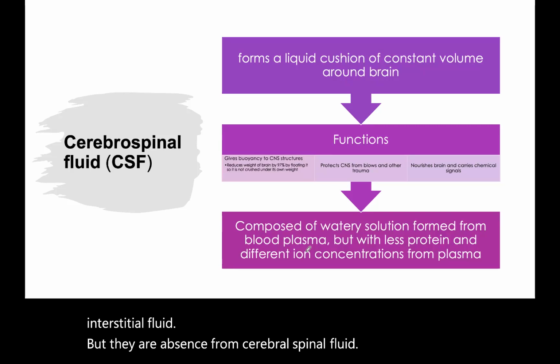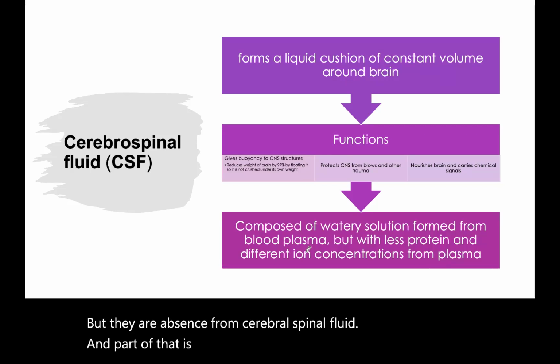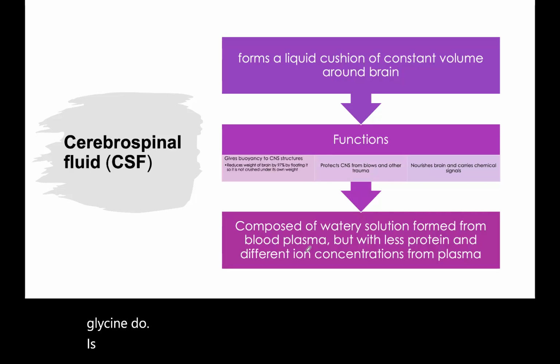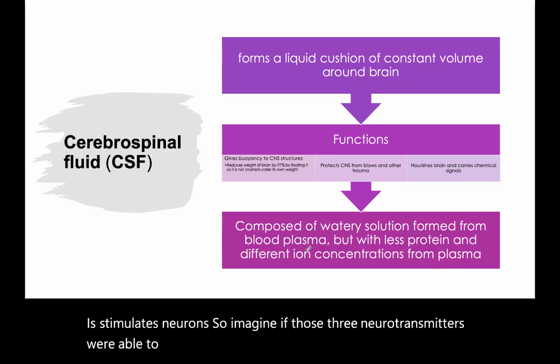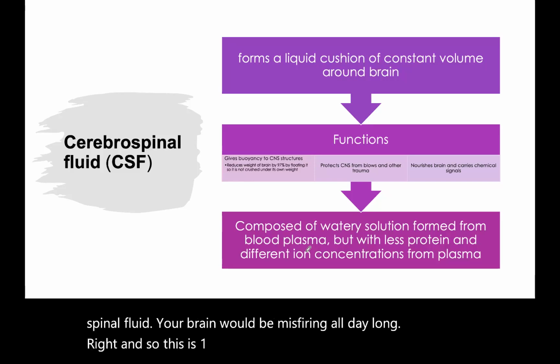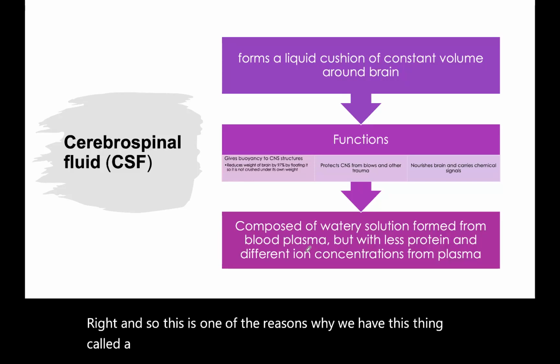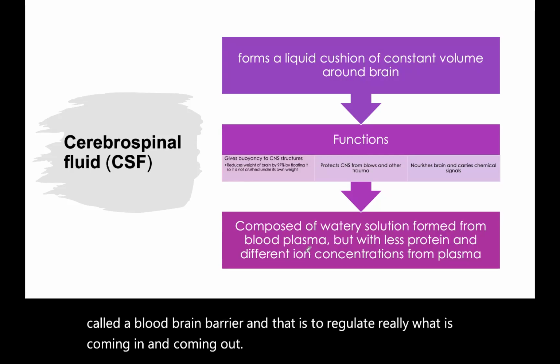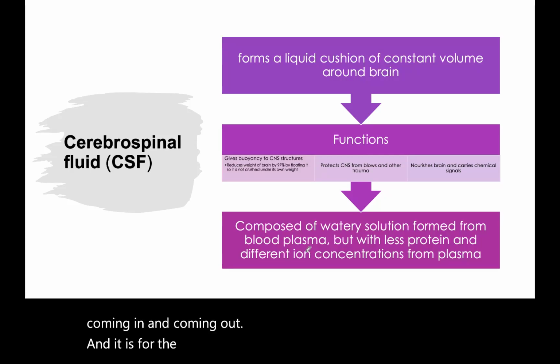Part of that is because glutamic acid, aspartic acid, and glycine stimulate neurons. So imagine if those three neurotransmitters were able to cross the blood-brain barrier and get into the cerebral spinal fluid, your brain would be misfiring all day long. This is one of the reasons why we have this thing called a blood-brain barrier, and that is to regulate what is coming in and coming out.